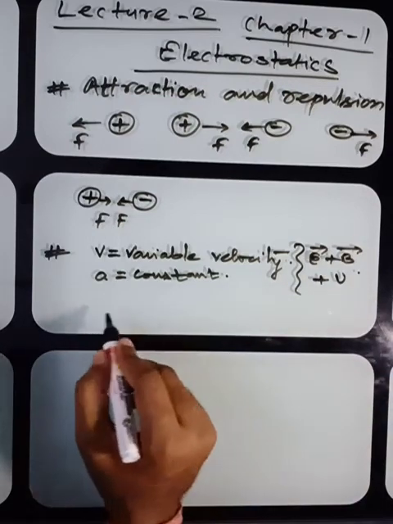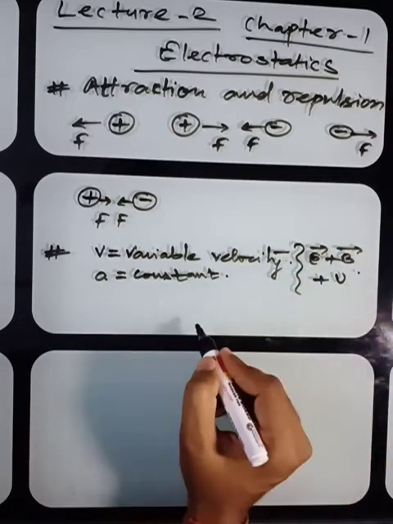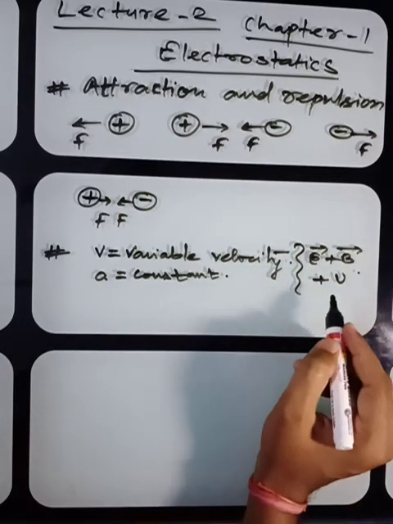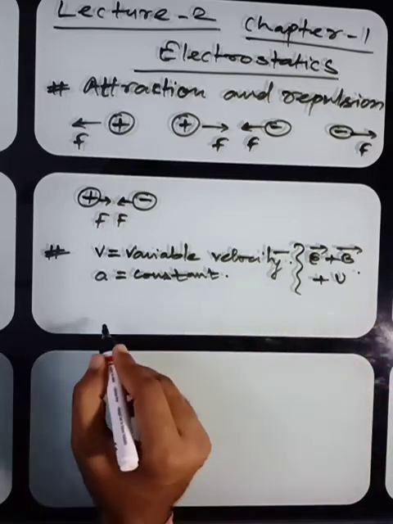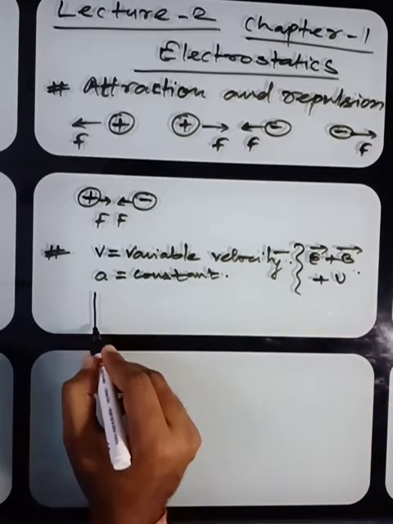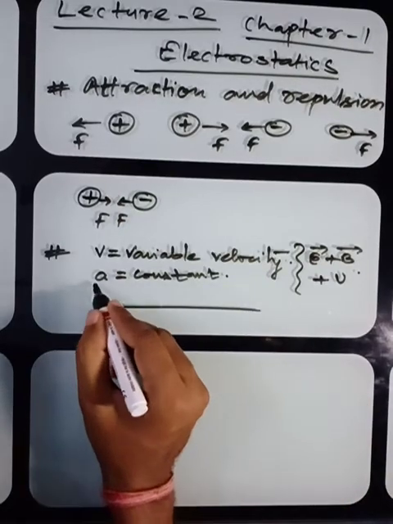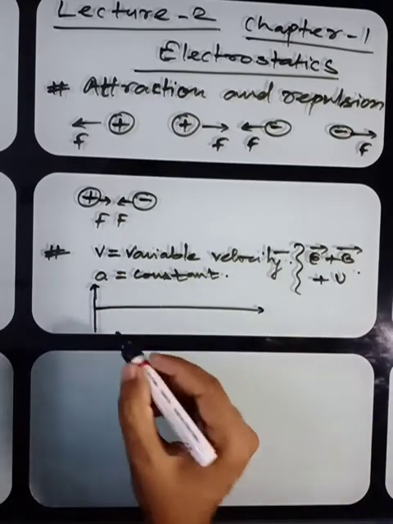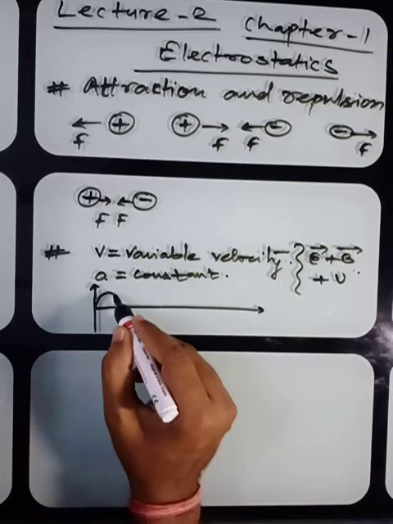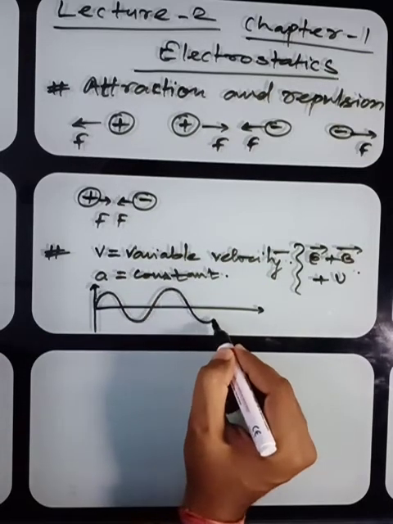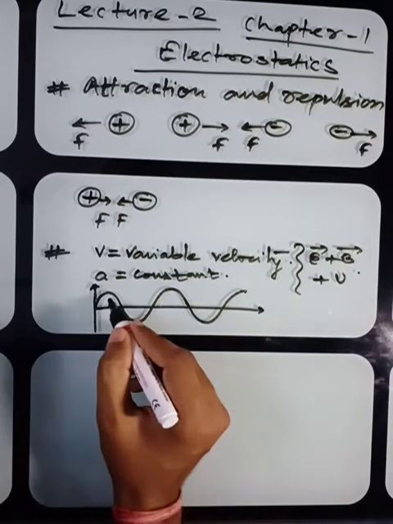So the electric and magnetic field, a very famous question, has been asked for 1 mark in CBSE. What are the directions of electric and magnetic field? Try to visualize, students. This is the wave of electric field I am drawing over here.